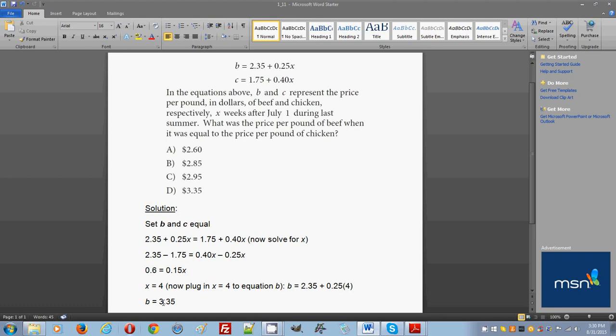This price is the price per pound for beef at the time when this price was equal to the price per pound for chicken, right? So the chicken price per pound in dollars was also 3.35 4 weeks after the July 1st during last summer. Okay, so this answer choice is answer choice D.